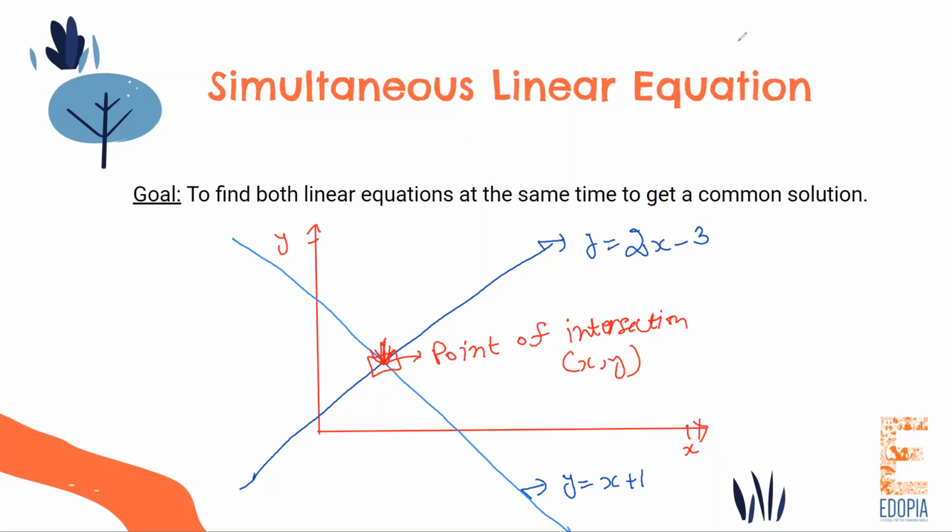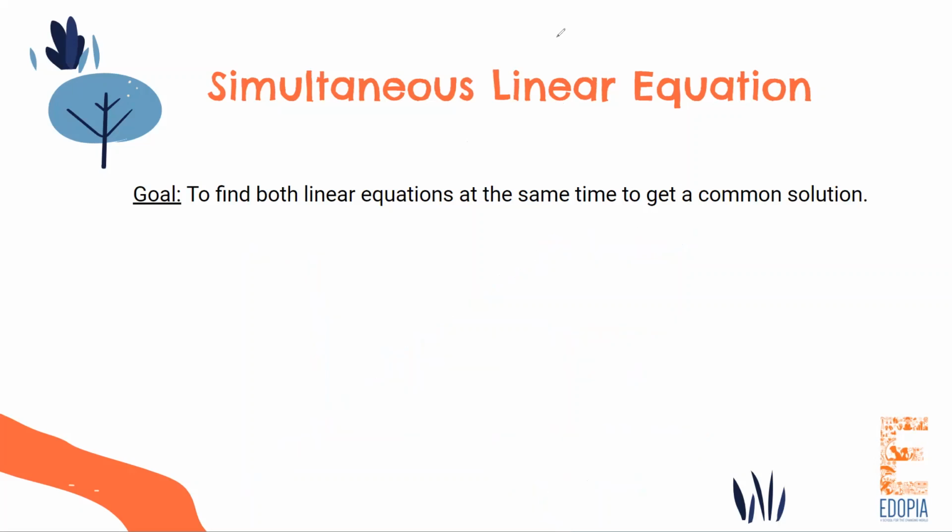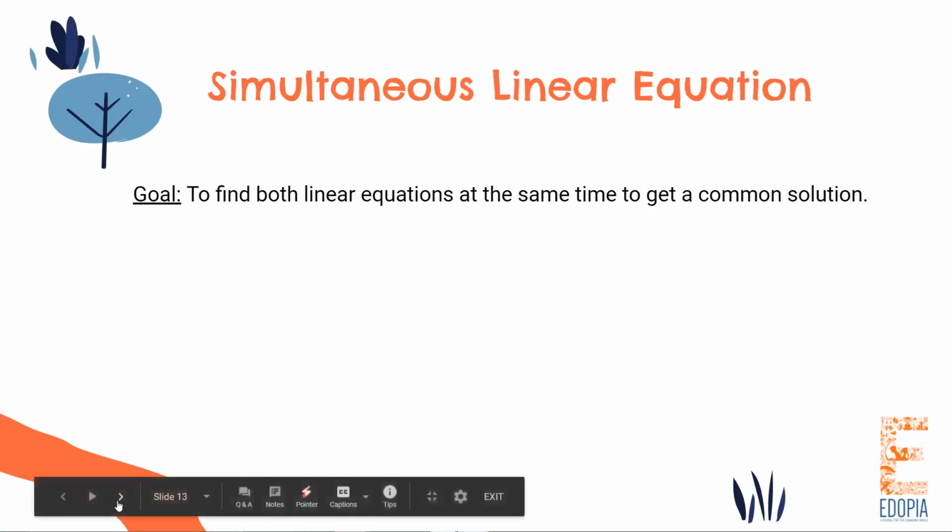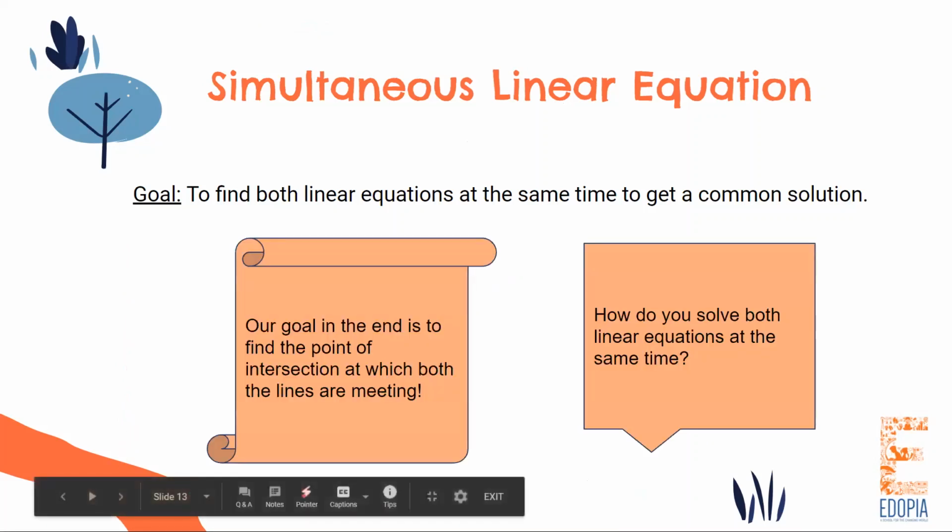This is the graphical representation of simultaneous linear equations, what we have to do by solving both the equations. Now let us look at some methods of how we solve this mathematically. How do we solve both linear equations at the same time?